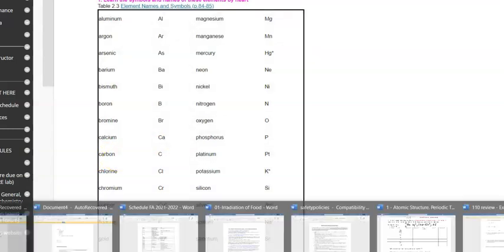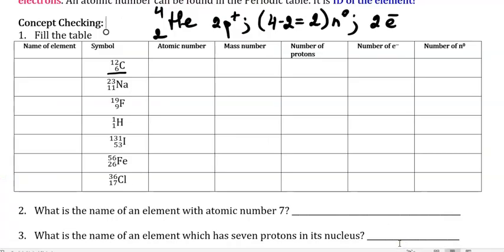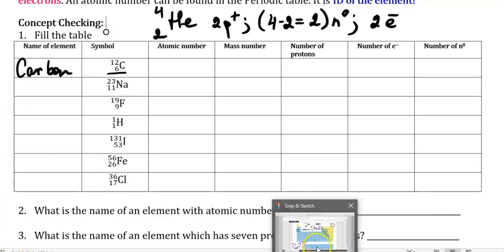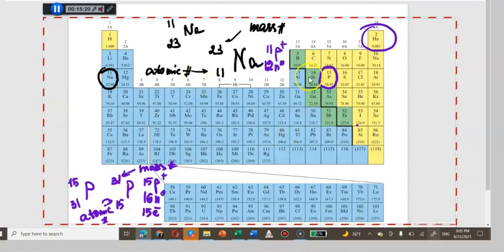So let's go to table number 1. Fill the table. So you write it down here, name of element, carbon. Atomic number. We go to the periodic table, which will be given to you. So in the periodic table, we can see here 6 and 12.